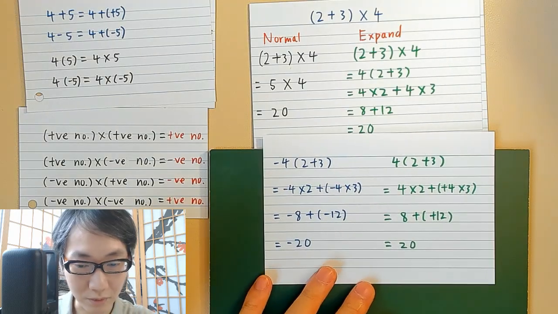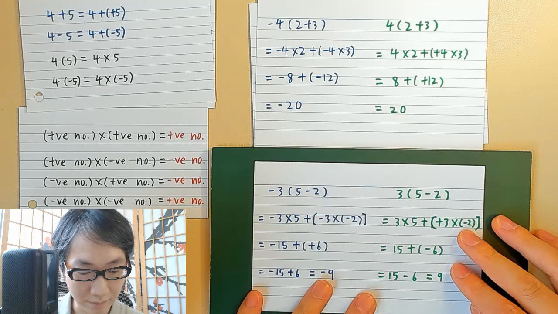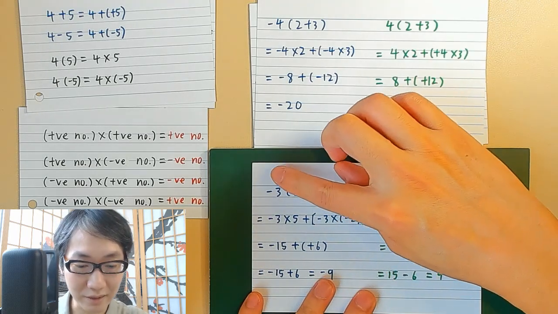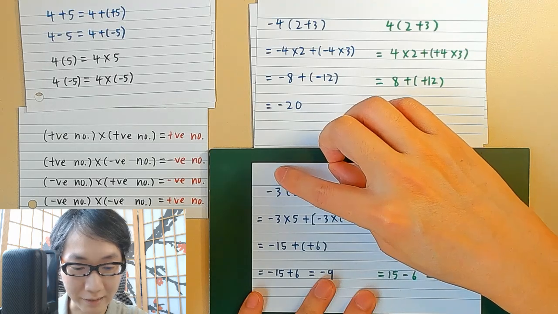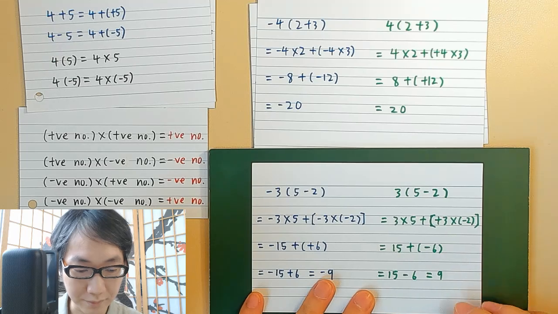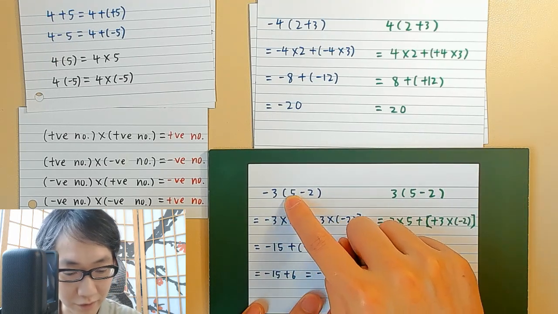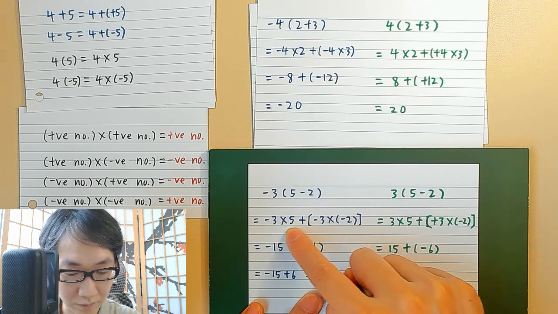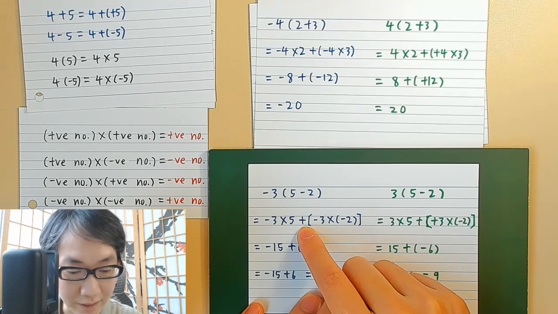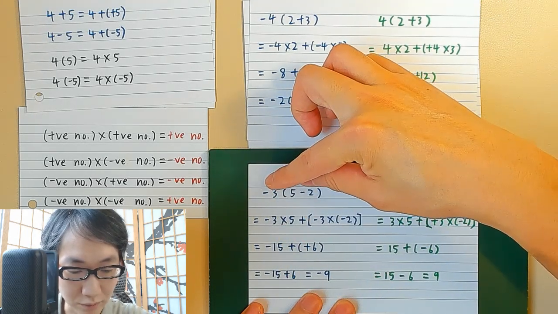So the next one. More examples. Let's say we're expanding this one. Negative 3 number of bags, and in the bags we have positive 5 and negative 2. To expand it, multiply the negative 3 to the positive 5. Here, this is one term. We multiply the negative 3 to the positive 5 and then do the negative 3 times negative 2.